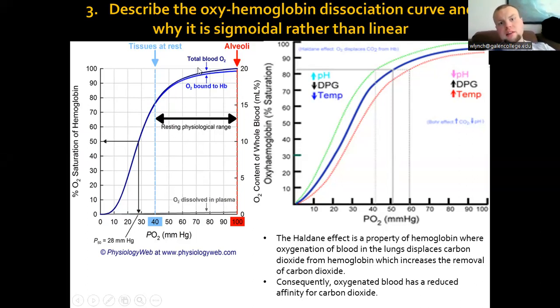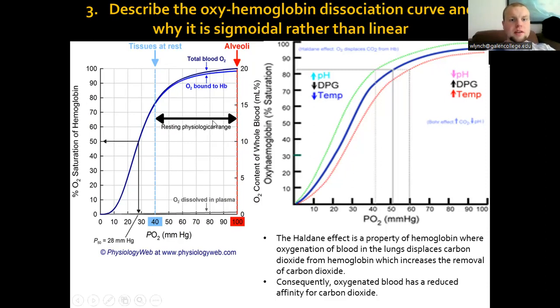At the alveoli level, which is the level at the lung where exchange is happening with the capillaries and the atmosphere, we have about 100% or so of oxygen saturated in the hemoglobin, and that is about 100 millimeters of mercury. So this dissociation curve is showing how much oxygen is given off between the time that it is bound in the alveoli and the time that it is given to the tissue and carried into the veins.